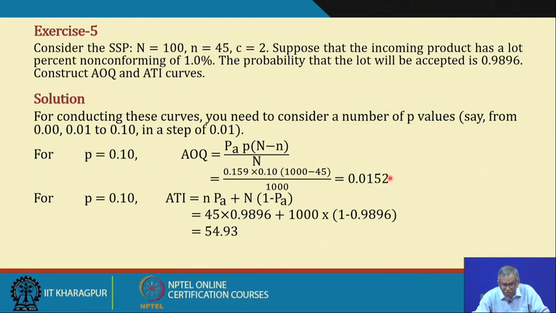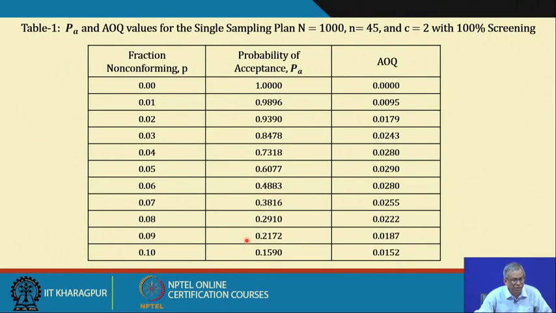Is it okay? So this value is 0.0152. So the AOQ value is this, and for p equals 0.10 you calculate ATI. Again you apply the formula, n into PA plus capital N into 1 minus PA, use these values, and you get an ATI value of 54.93.